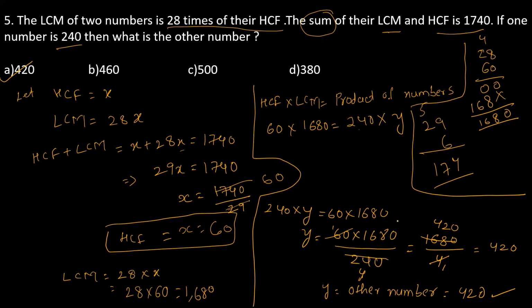So now I want Y is equal to 60 into 1680 by 240. If we cancel this, 6 1s are 60, 6 4s are 240, which is equal to 1680 by 4, which is equal to 420. The other number is 420. So option A is correct.